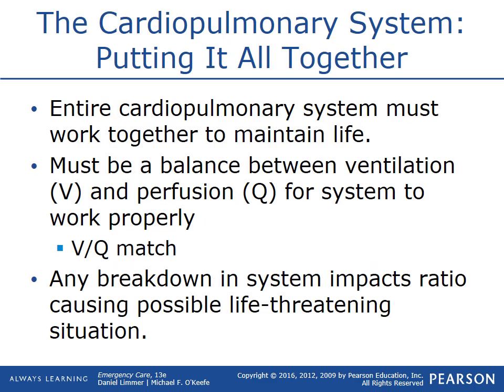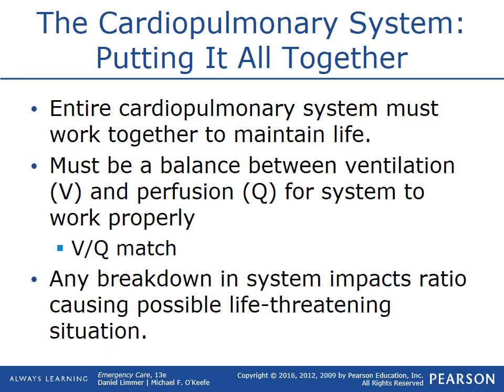The entire cardiopulmonary system must work together to maintain life. There must be a balance between ventilation and perfusion. V is ventilation, Q is perfusion, for the system to work properly.